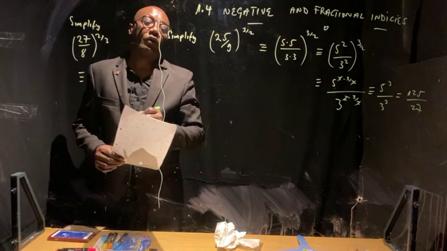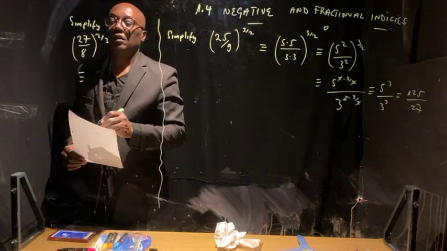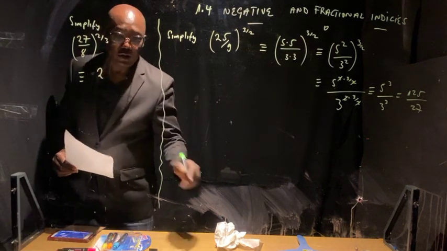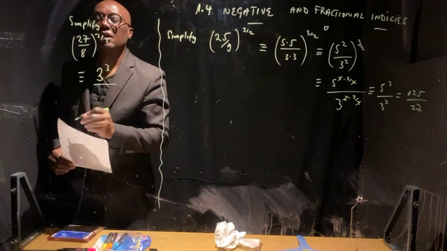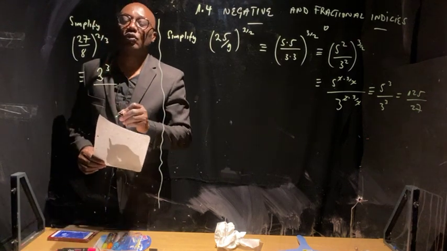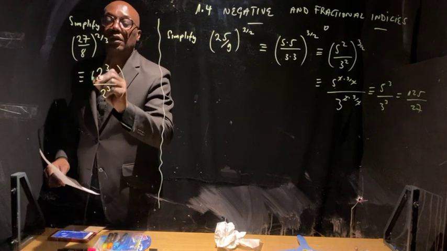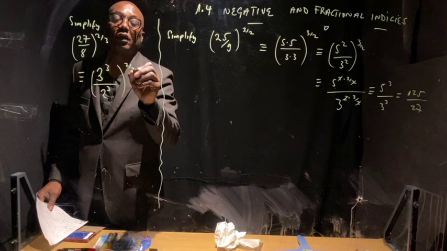This is no different from, what is 27? 27 is 3 raised to the power 3, since 3 times 3 times 3 is 27. And 8 is equal to 2 times 2 times 2, which is 2 raised to the power 3. Then they all have a common index of 2 over 3.